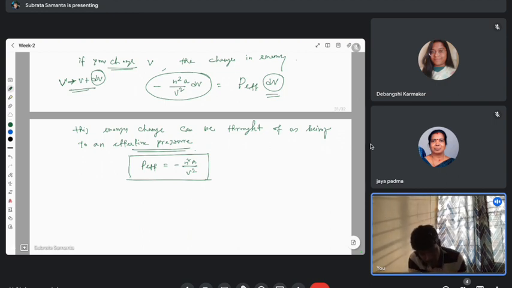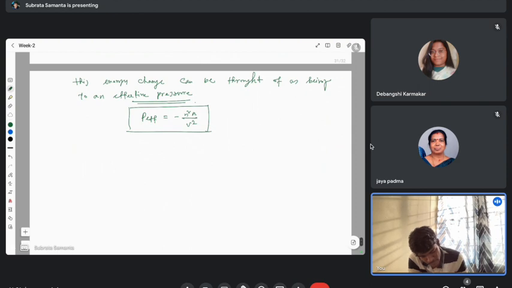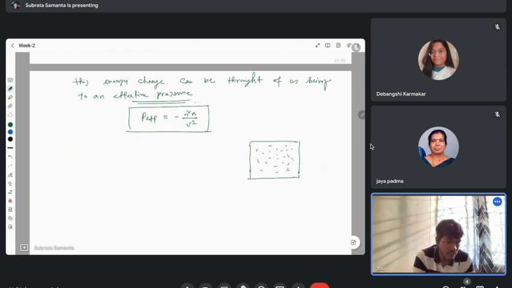Now physically, what actually happens? Suppose there is a container and we consider gas molecules in it. In ideal gas situations there are no sticky collisions, all collisions are perfect, and there is no attractive potential.